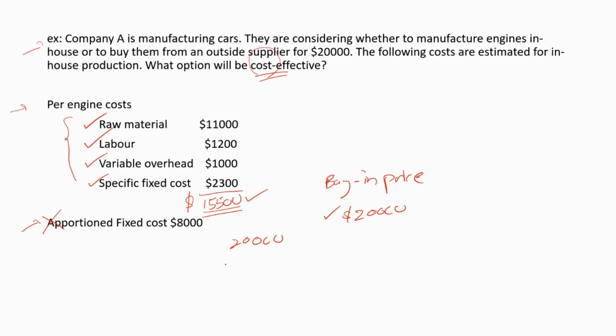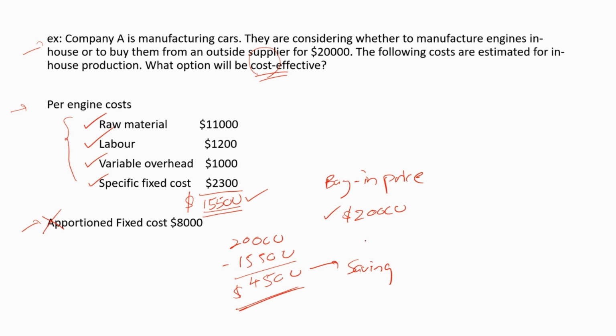20,000 minus 15,500, 4,500. This is the saving if the company decides to manufacture the engines in-house. So based on the financial factors, company A can decide to manufacture the engines in-house because it will be cheaper than buying from outside suppliers.